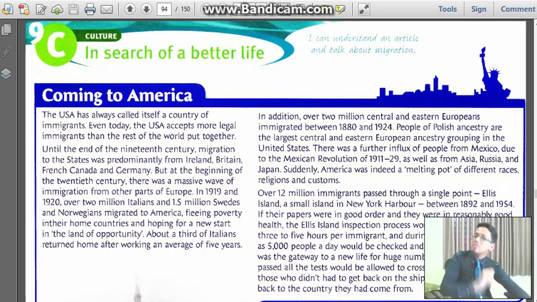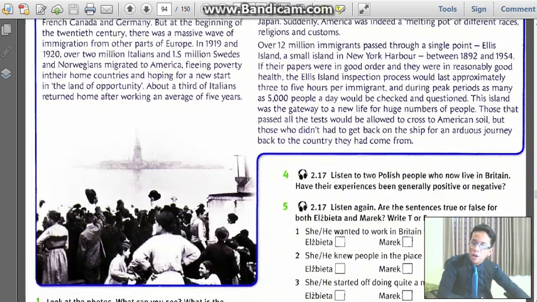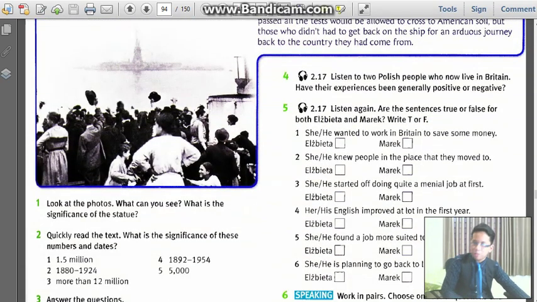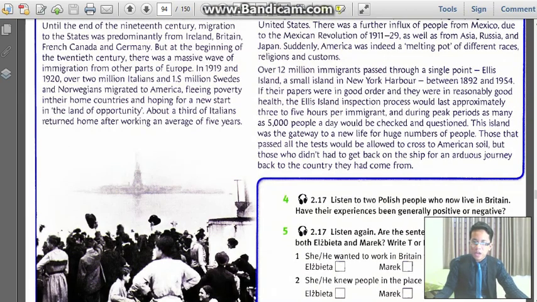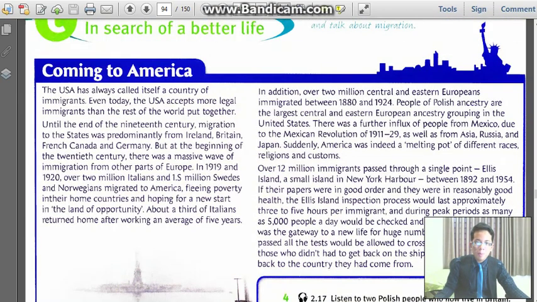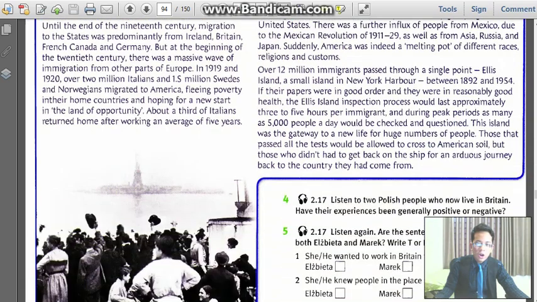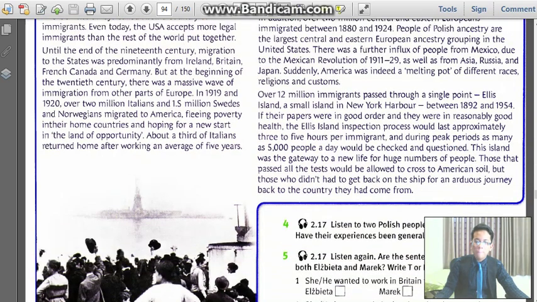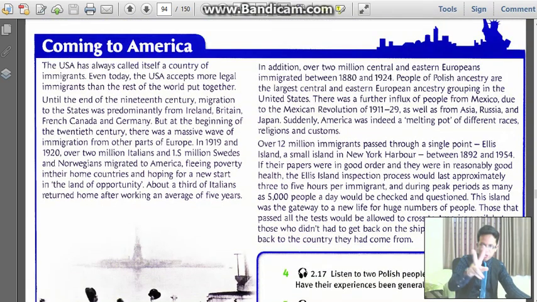But first, let's look at a few of the questions of exercise number 1. Look at the photos. What can you see? What is the significance of this statue? So, the statue right over there. The two pictures, and also the title, Coming to America.